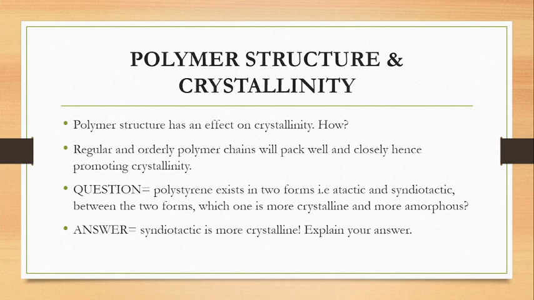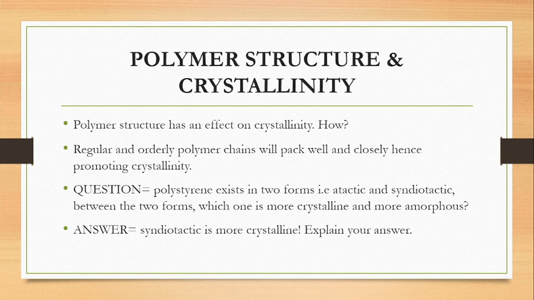Polystyrene exists in two forms. One form is atactic, meaning there is no proper arrangement of the substituents, meaning it is branched, but the branches are not arranged in a regular pattern. And there is also the syndiotactic form.